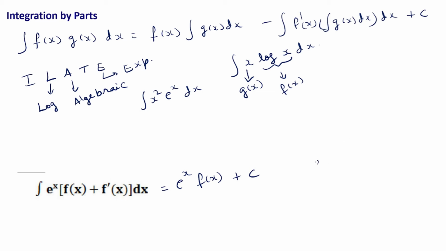Say for example, if we have integral e raised to x into log x plus 1 by x dx, here we can see that f of x is log x and f dash of x is 1 by x. So the integral of this function is equal to e raised to x log x plus c. Like this we can write this directly.